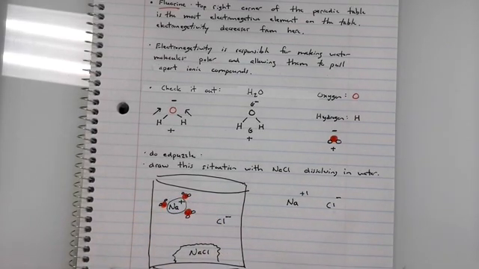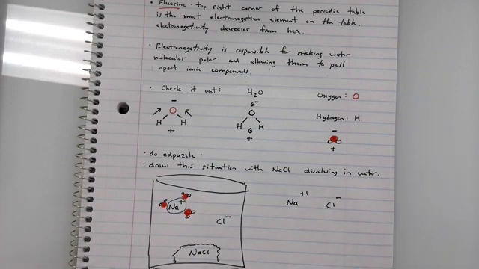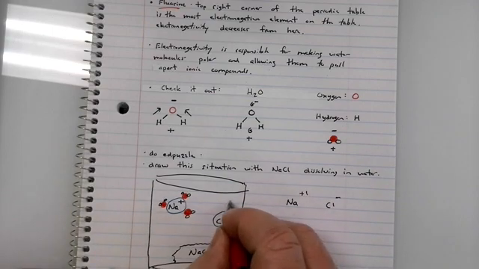And conversely, with the Cl minus, well, the positive end of the water molecule, or the side with the hydrogens, is going to surround the chloride anion floating around in the solution. So we would draw them kind of like this.